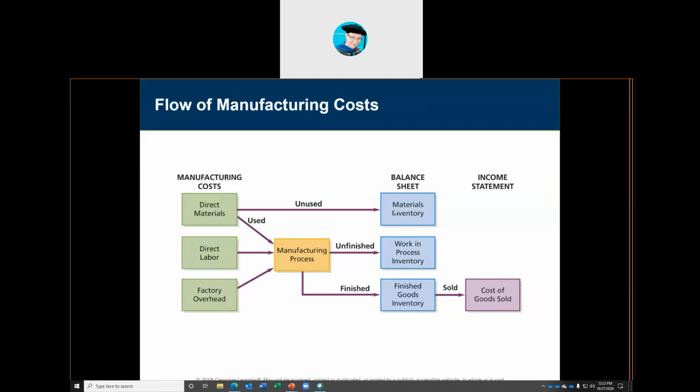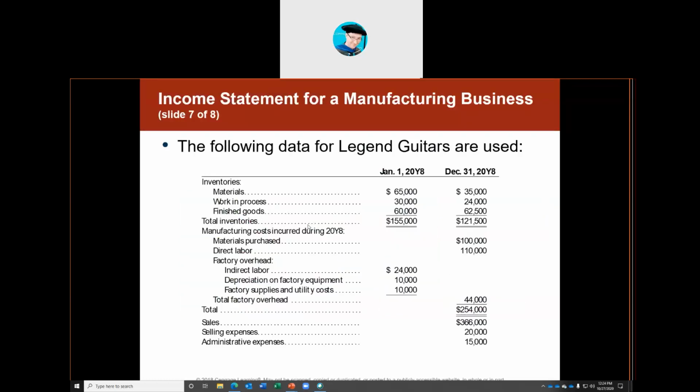For inventory we have not used yet in the manufacturing process, the direct materials that we have not yet used, we call that materials inventory. And then, of course, after we've finished our manufacturing process and it becomes finished goods inventory, after we sell it, we call it cost of goods sold. That's the flow chart. And here's a nice example of what that looks like on your income statement.